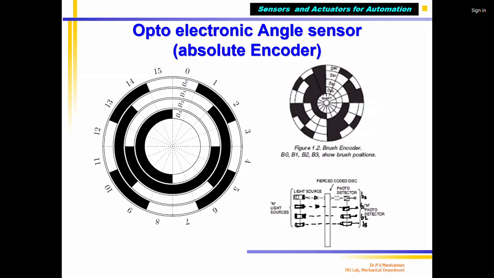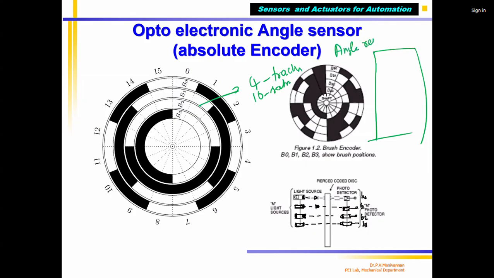So the pattern generator, if it is divided into four tracks and 16 segments, correct? So the angle resolution is equal to 360 divided by 16, which is going to be 22.4 degrees. That means the minimum angle you can measure is 22.4.